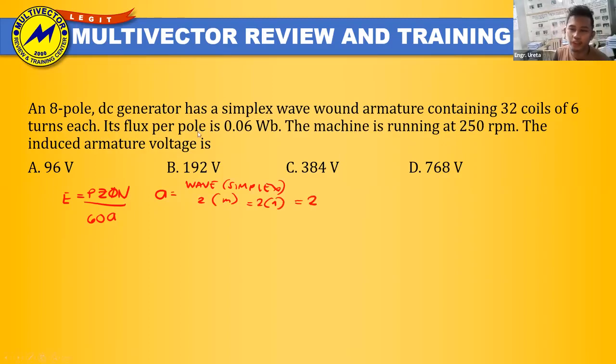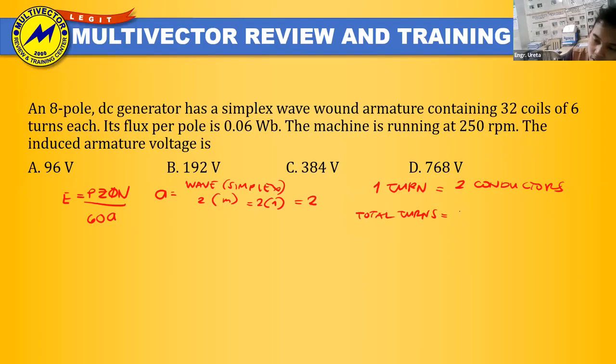Ngayon, in terms of the total conductors Z, per one conductor, so conversion muna. One turn, for a single turn ng coil natin, it is actually equal to 2 conductors. Sinabi sa problem kasi, the total turns muna, it's just equals to 32 coils times 6 turns per coil daw.